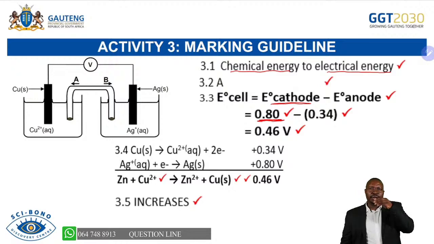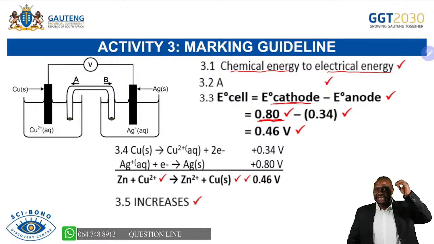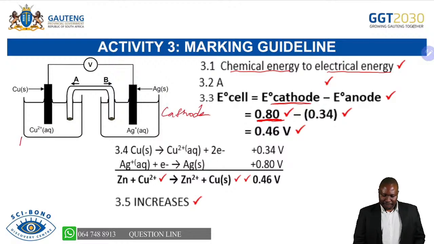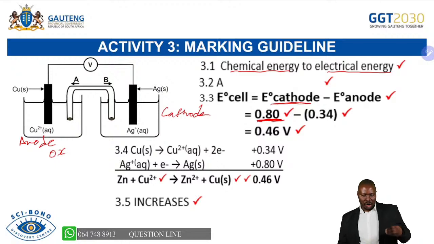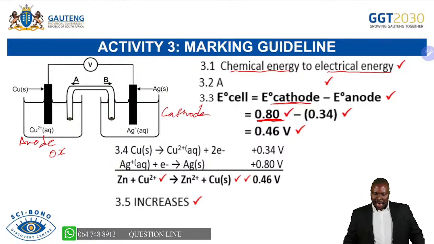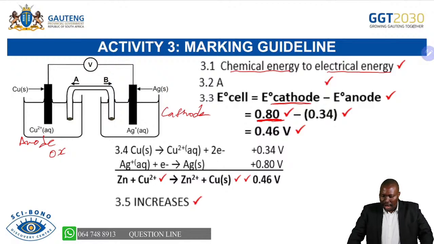So the cathode is the more positive one, or the highest standard reduction potential, which in this case is silver. Silver is 0.80, which means on this side we have the cathode, and on the left we have the anode. Remember, at the anode oxidation takes place, which is loss of electrons. At the cathode reduction takes place, which is red cat.